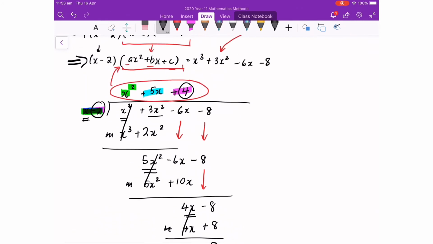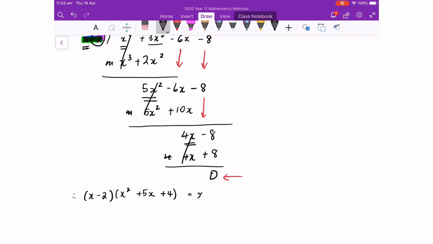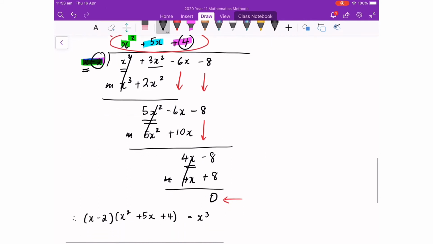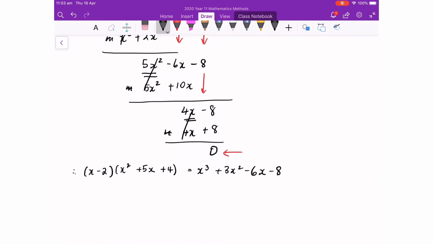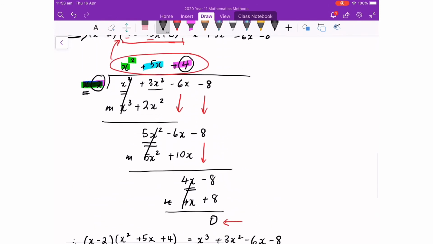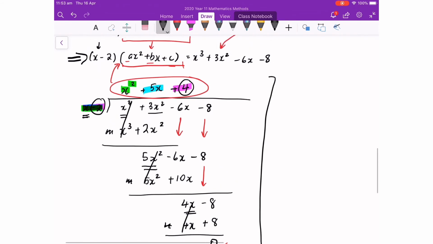That's the bracket that we just found, is equal to x cubed plus 3x squared take 6x take 8. Essentially what we've done is we've used algebraic division, this whole process right here, to help us find what that is.